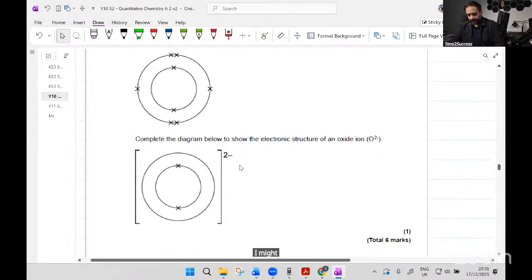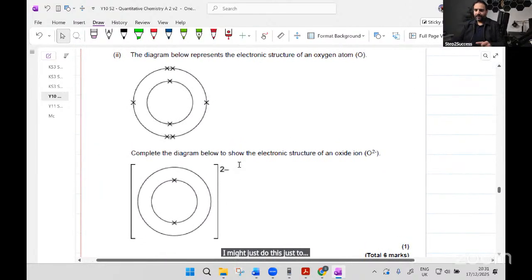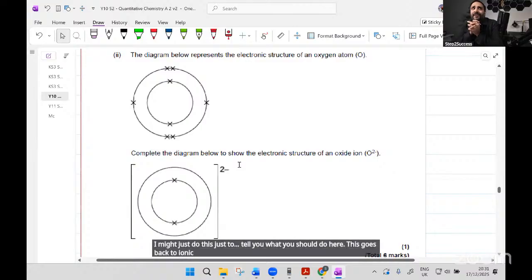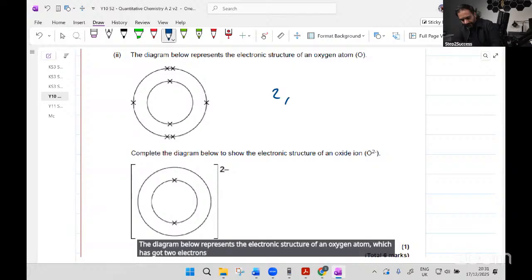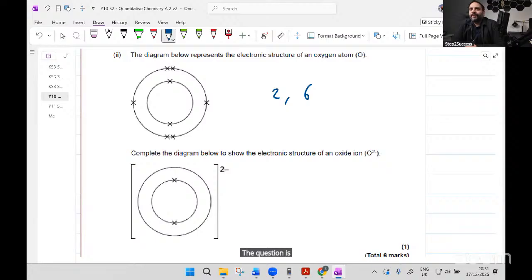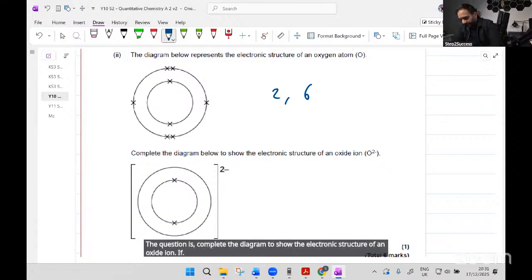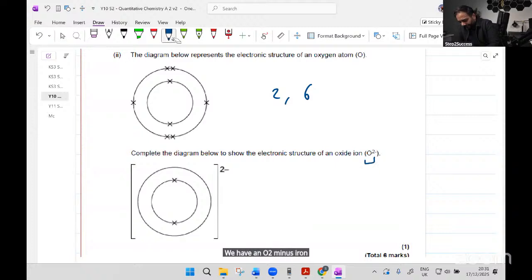I might just do this just to tell you what you should do here. This goes back to ionic bonding. The diagram below represents the electronic structure of an oxygen atom, which has got 2 electrons in the first shell and 1, 2, 3, 4, 5, 6 in the second shell. The question is, complete the diagram to show the electronic structure of an oxide ion. If we have an O2 minus ion, what has happened to become an O2 minus ion is that it must have gained 2 electrons, because that's how you become a negative ion, and you get 2 if it's a 2 negative ion, which means this now has actually got 2 more.